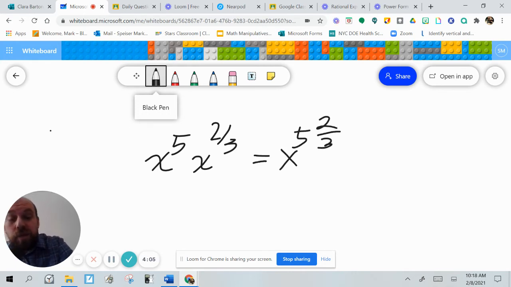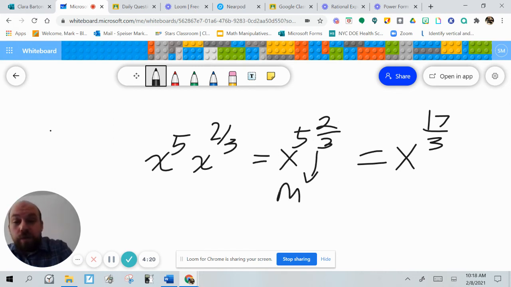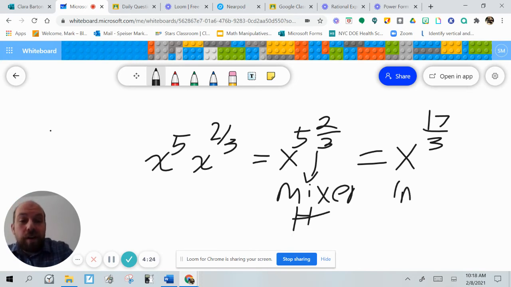Because when you add exponents, it becomes a mixed number. And we never leave it as a mixed number. Always want to change it to a fraction, an improper fraction. So 3 times 5 is 15 plus 2 is 17. So this is the mixed number form. This is the improper fraction, and we prefer the improper fraction.